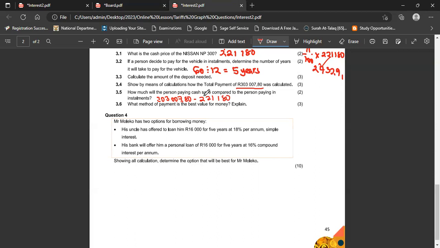All right. Whatever remains is what the person would have saved, which is around 81,827.80.